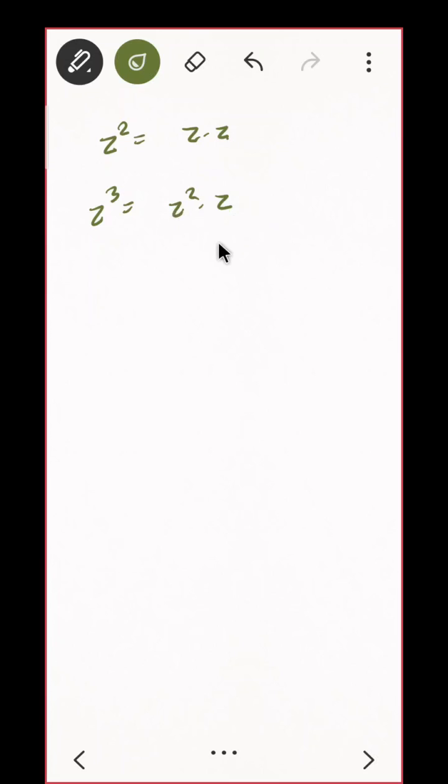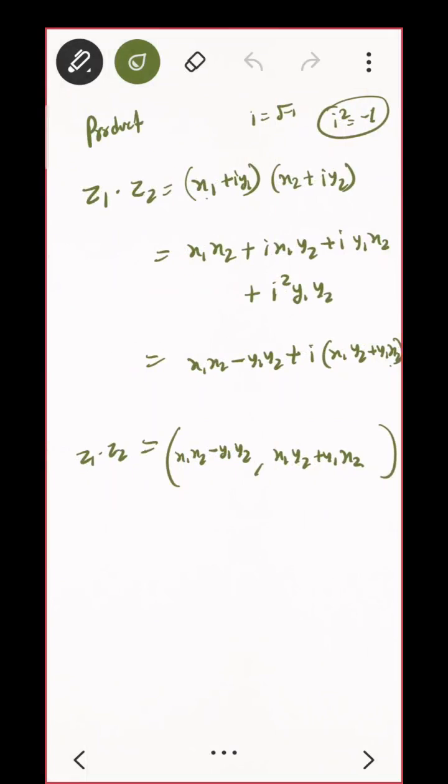But you need to realize one thing, that if you take the product of two complex numbers directly, you don't have to do it all the time. It is better, since we are going to do complex analysis, it is better to follow this method. Your real part will be x1 x2 minus y1 y2, and imaginary part will be x1 y2 plus y1 x2. So it is better if you remember this thing, because we will be using it all the time.